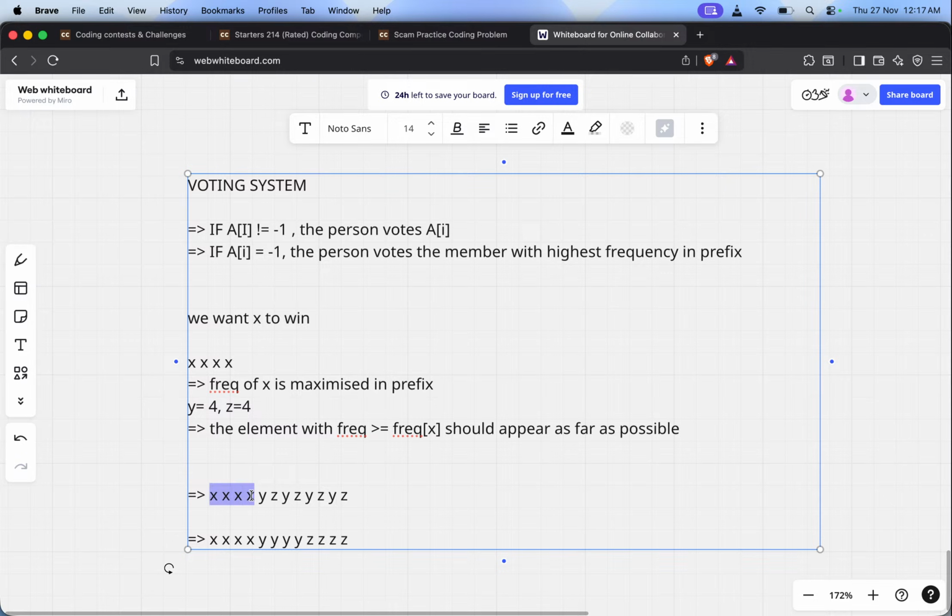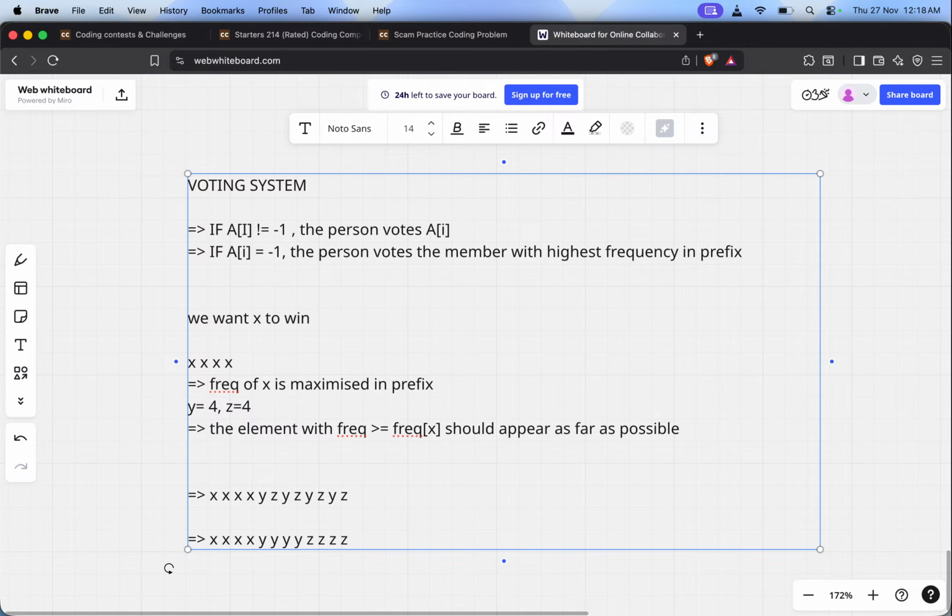Here only x has frequency 4, x and y and z have frequency 1, 2, 3. Then here in this particular scenario, y has frequency 4. Now, if a minus 1 appears after this y, he will not decide to vote. While if a minus 1 appears here, then even till this scenario, x has highest frequency. So he will always vote x.